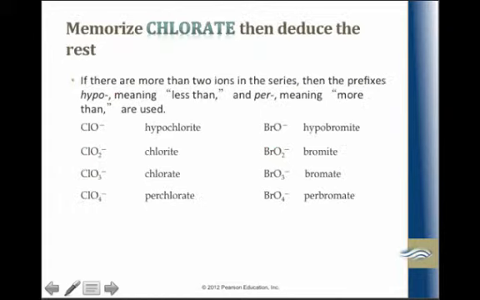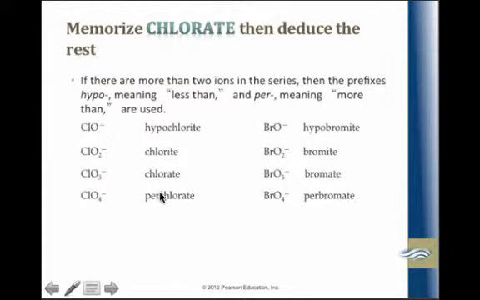Another helpful memorization tool is the CHLORATE series. If you memorize just chlorate and its structure, you can figure chlorite is 1 less oxygen. Then teach yourself that hypo means take 1 more oxygen off, so we peel away another oxygen to be ClO minus.